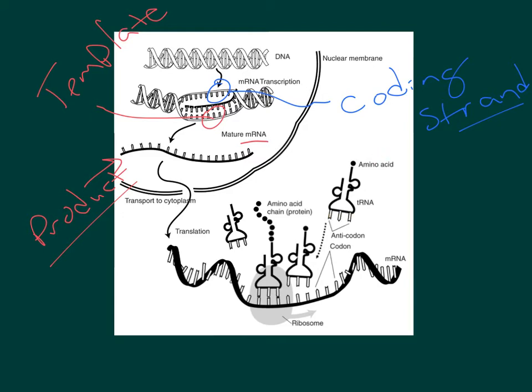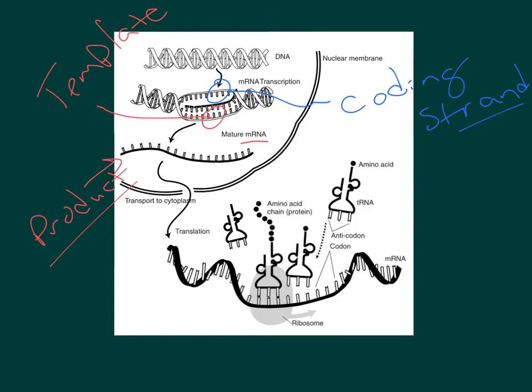Each tRNA has an anticodon, complementary code to the mRNA, and this makes this process very specific, since every tRNA carries a specific amino acid.